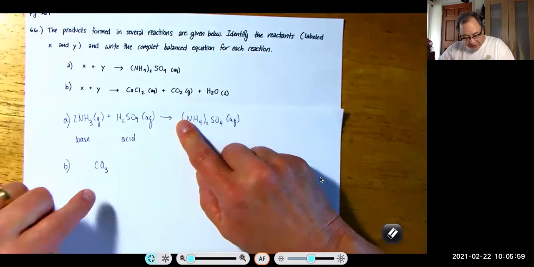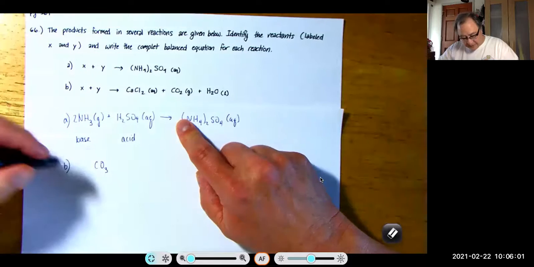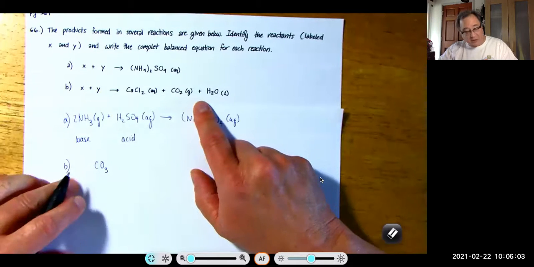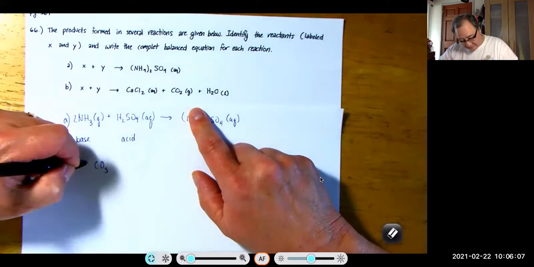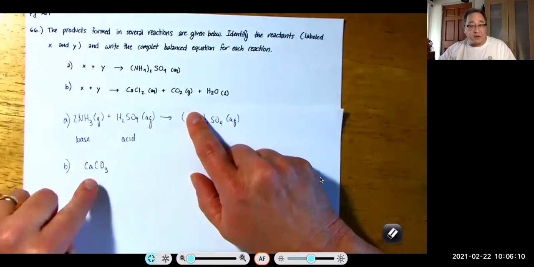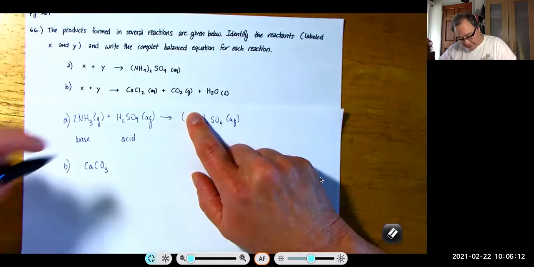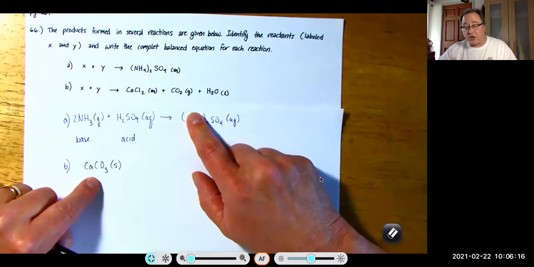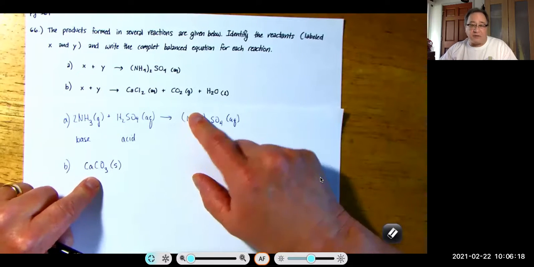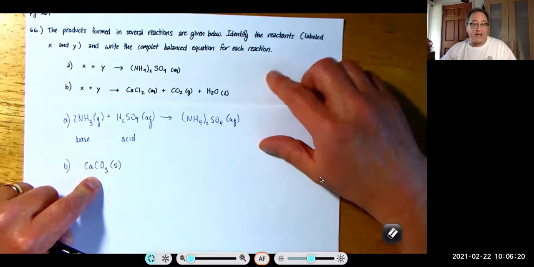And here it looks like we're going to have calcium here. And the question is, do I want to start with calcium carbonate or calcium bicarbonate? And I'm just going to try calcium carbonate to begin with. Now I know that this is going to be a solid because carbonates are not soluble in water unless combined with sodium, potassium, ammonium, or something like that.